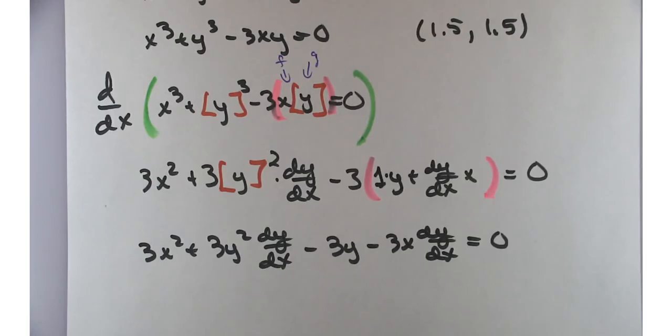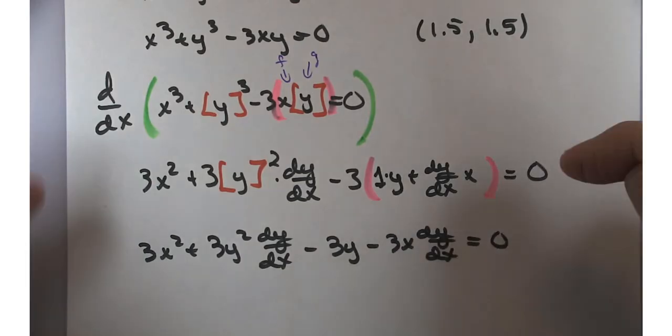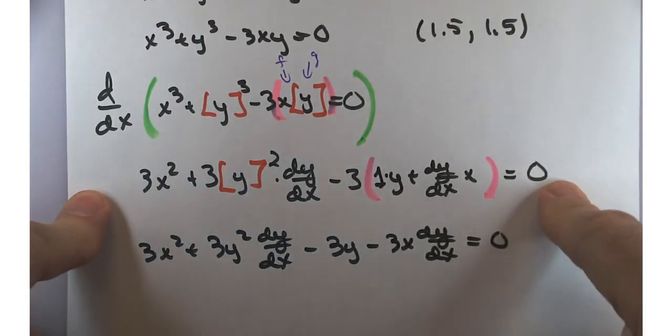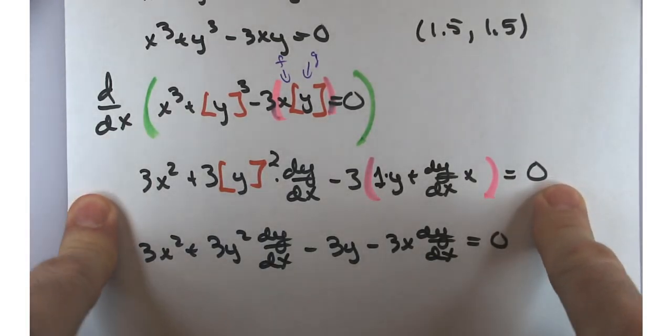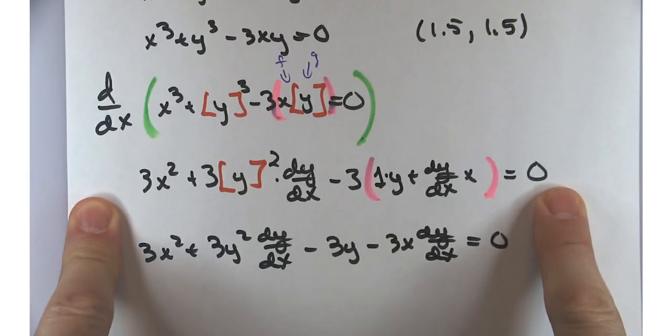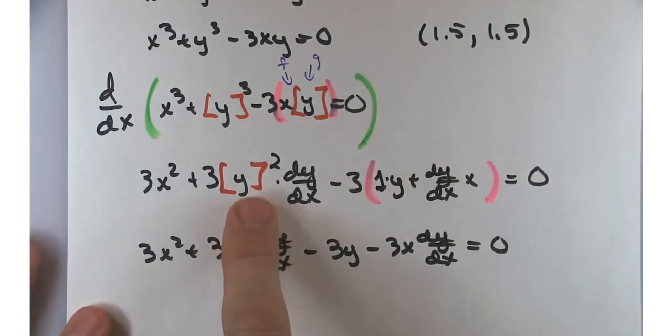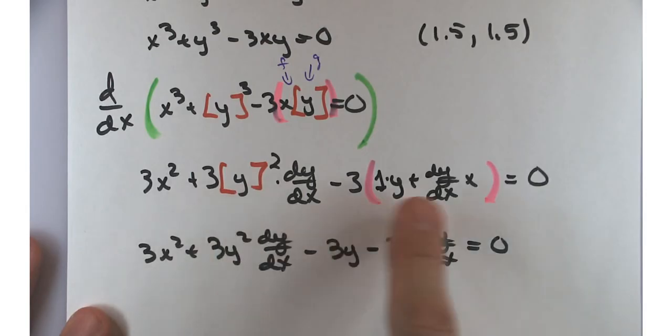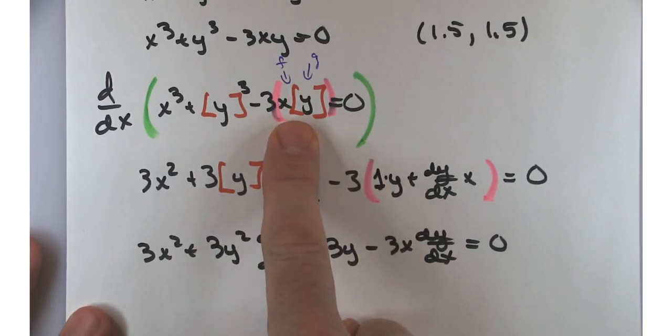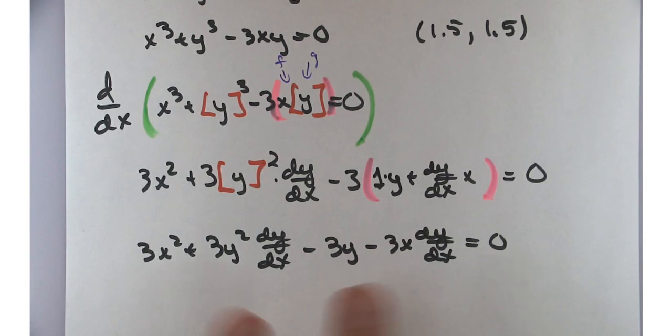We've got to get dy by dx by itself. At this point, it's just algebra. So let me pause and make sure you're comfortable with our calculating of the derivative so far. The two tricky parts were here you have to differentiate implicitly with the chain rule. Here we had to differentiate carefully with the product rule. But we're distributing things. And now it's just a matter of getting dy by dx by itself.